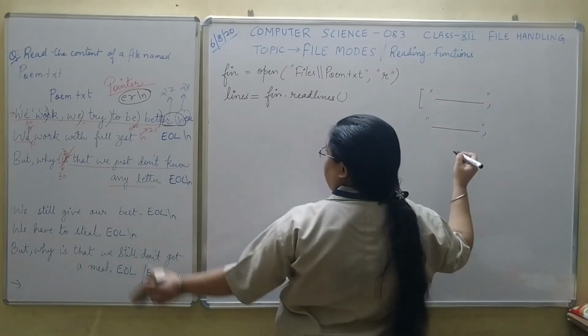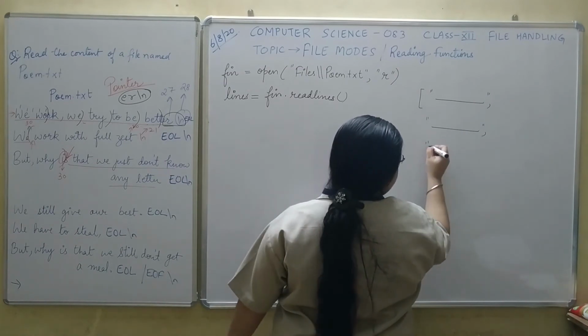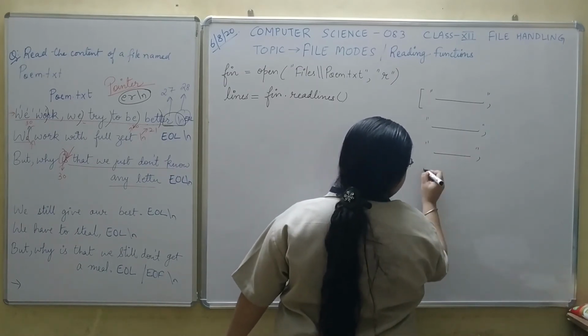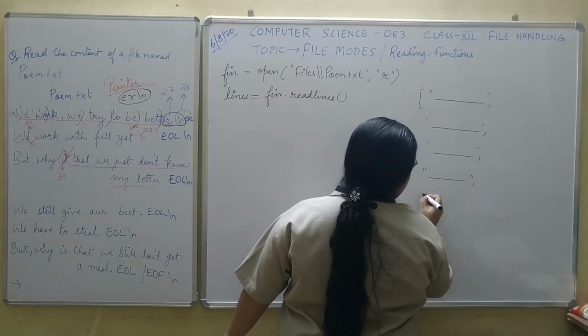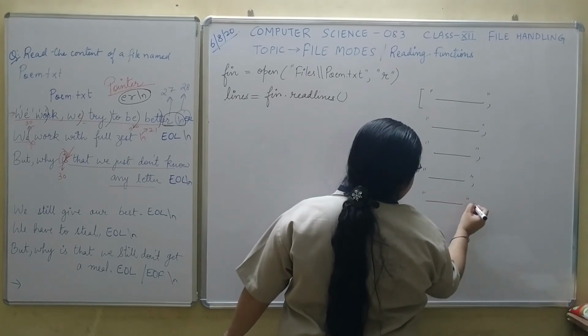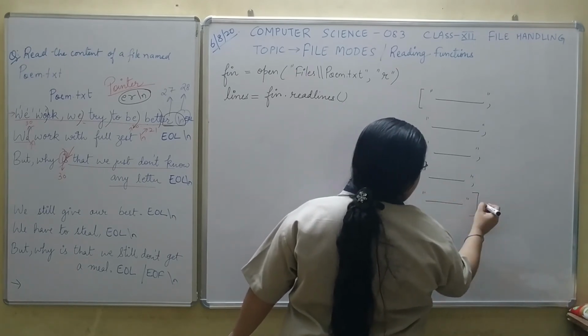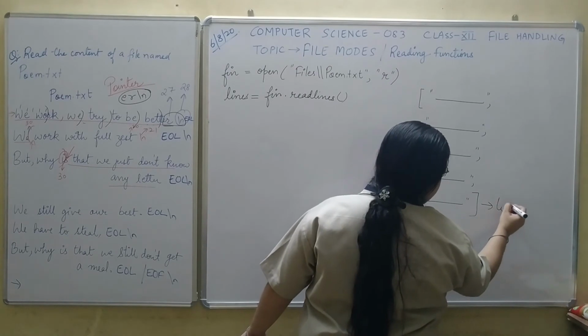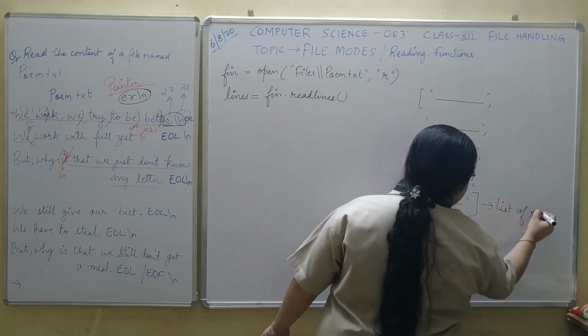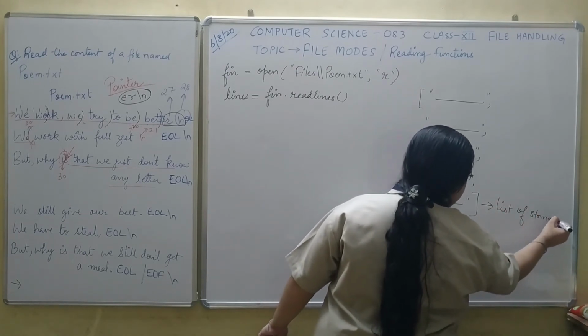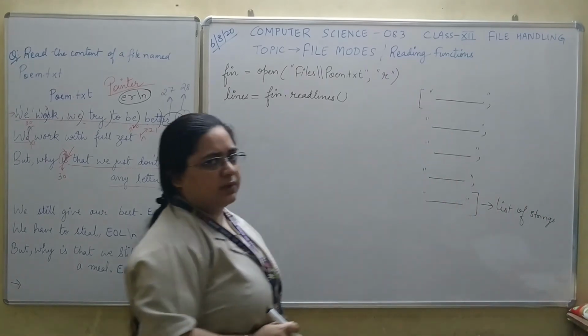So every line which you can see over here is saved as a single string within an outer list. So you have an outer list, and this is a list of strings where every string is a list item.